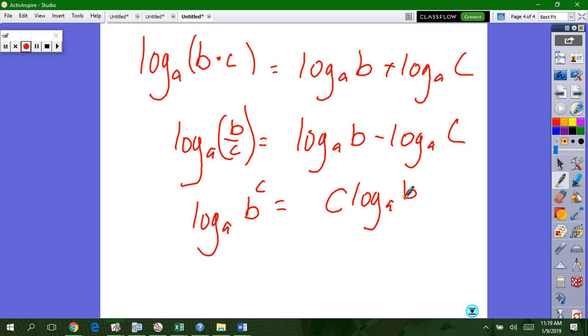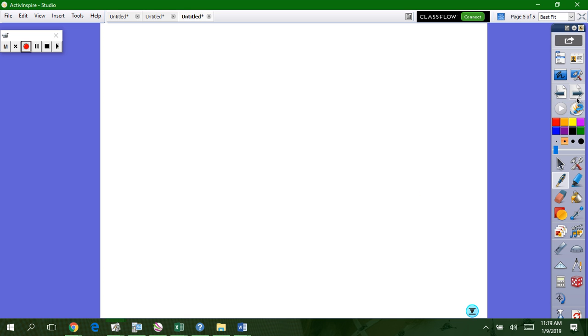So he's a power, so he comes out to be multiplication. This is C times log base A. I'm going to show you how it works right now because it's going to make sense. Okay? Let's start with this example.